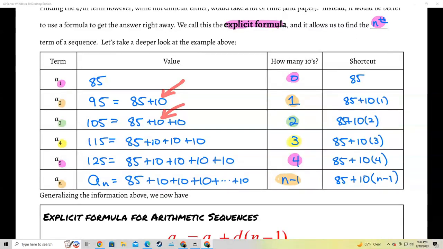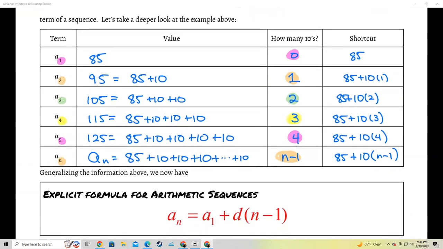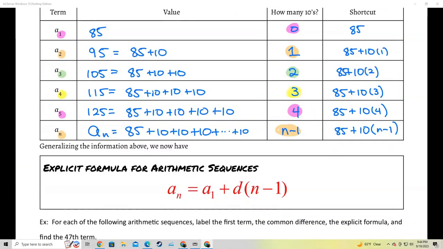That's what I'm adding each time, my common difference. And then I just got to figure out, well, how many times am I going to add that common difference? It's always going to be 1 less than the number of terms. So that being said, you have now seen how we generated this formula, which leads us to the explicit formula for arithmetic sequences. I can get the explicit formula by using this.